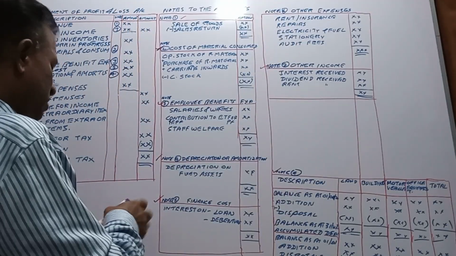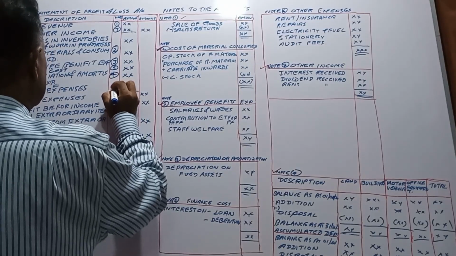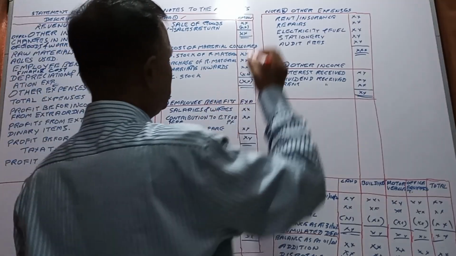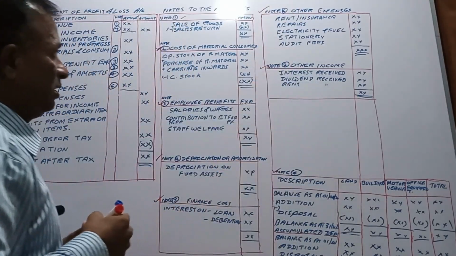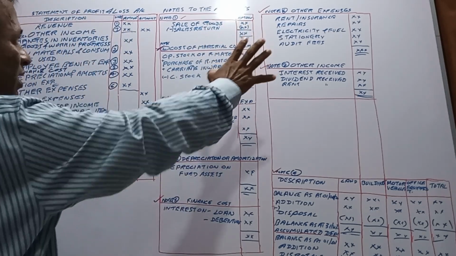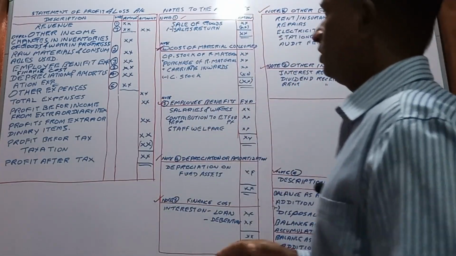For other expenses we have to mention note number 6. So other expenses also we have completed. Up to here, we have given all the notes to the account.